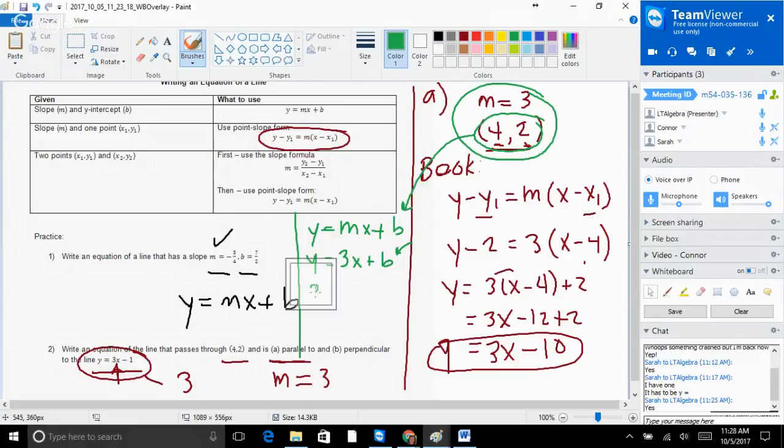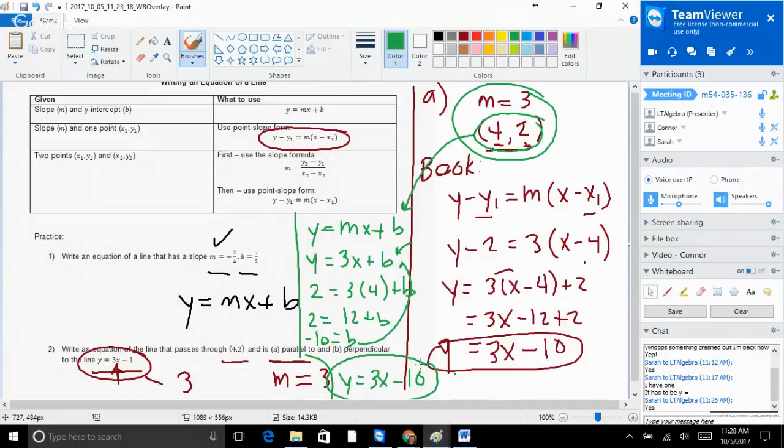So I can say when y equals 2, x equals 4. Okay, so 2 equals 12 plus b, or negative 10 equals b. So when I put that all together, I plug my b back in, I get y equals 3x minus 10.